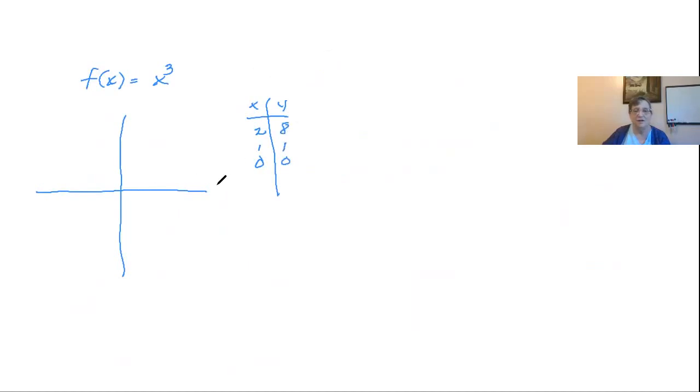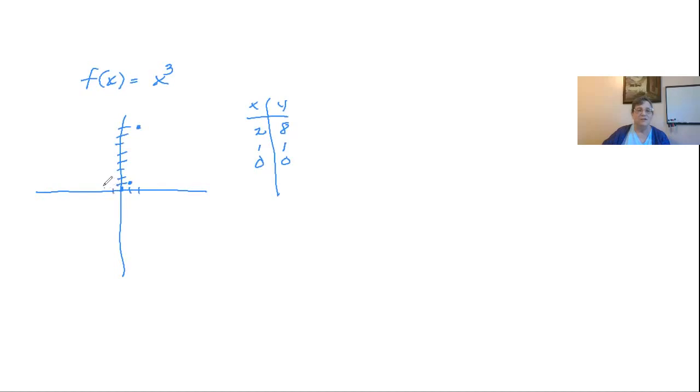So as x gets larger, the y values get even larger. So it's going to go off 1, 2, 3, 4, 5, 6, 7, 8. So we've got 0, 1, and 8.